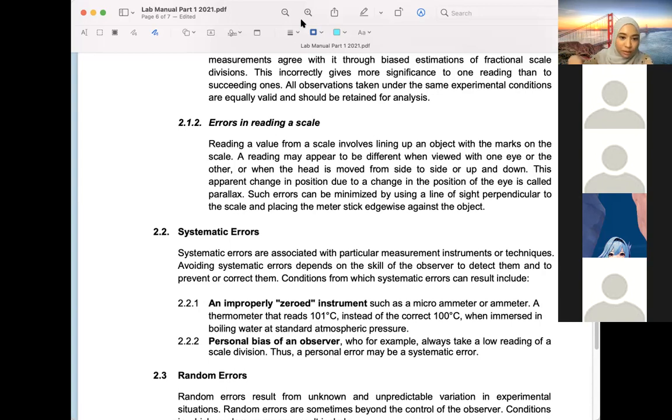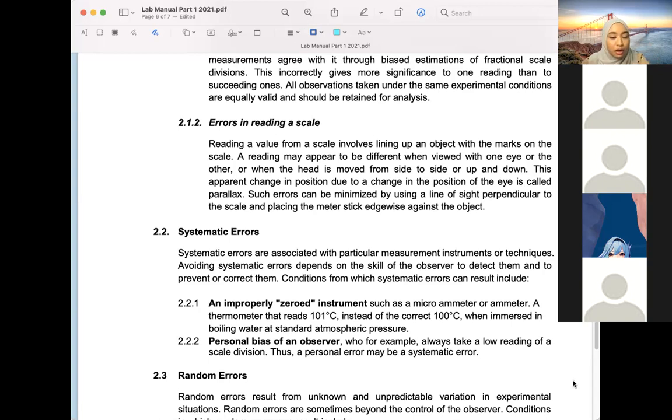So when saya duduk atas weighing scale tu, it does not give me an accurate value because it started at 0.5. Yang sebenarnya it should start at 0. So this is called improperly zeroed instrument. So what you should do is you need to calibrate. Kena calibrate balik the weighing scale so that it shows 0.